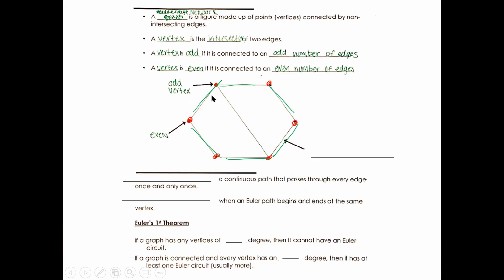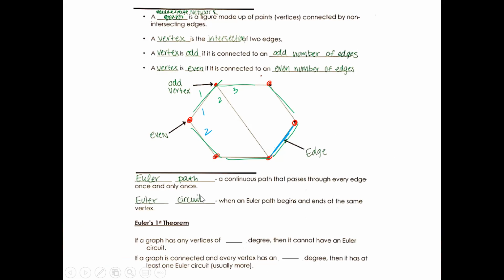So here you have an odd vertex because it is connected to an odd number of edges. 1, 2, 3. 1, 2, 3. This right here is an even vertex because it's connected to 2 different edges, which is an even number of edges. This right here is considered to be an edge.